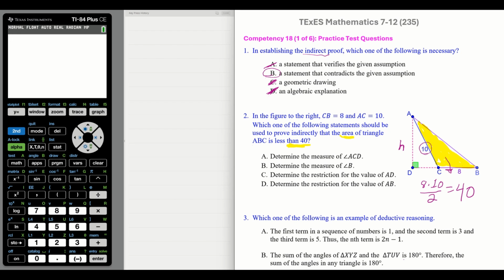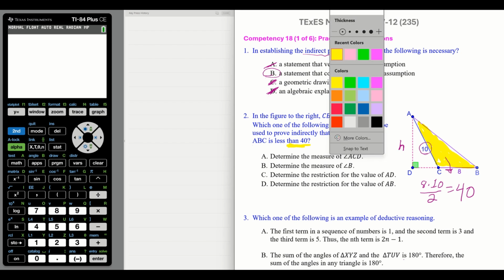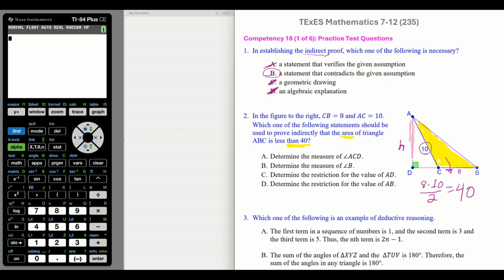So we have to take the large triangle here. I'm going to outline it in pink. We're going to say that we have the large one minus this little white right triangle here is going to give us this one. Whoa, hang on a second.